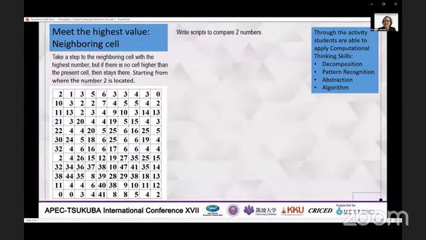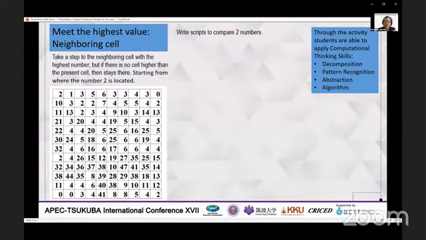Okay, I would like to explain what is going on for computational thinking. At the beginning, we use an unplugged activity. The student is going to decide and take a step from the neighboring cell, from the number 2 at the top, and also from the number 2 at the bottom.